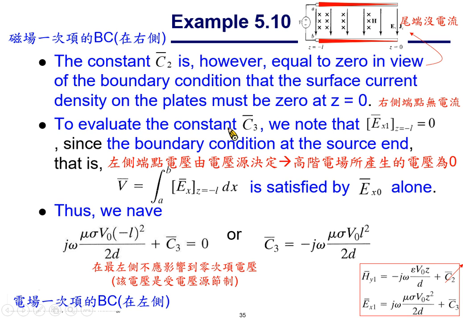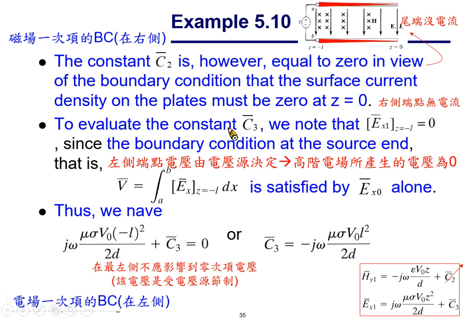So the higher order term of the electrical field on the left-hand side must equal 0 at all time. So if you substitute Z with minus L at the left-hand side, it should equal 0 at all time.